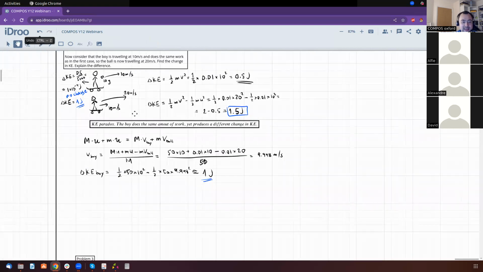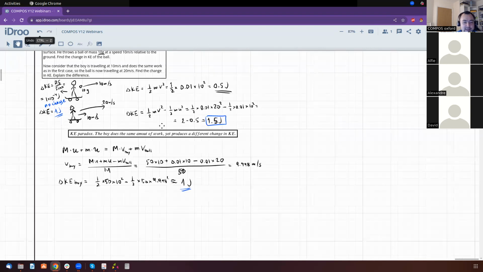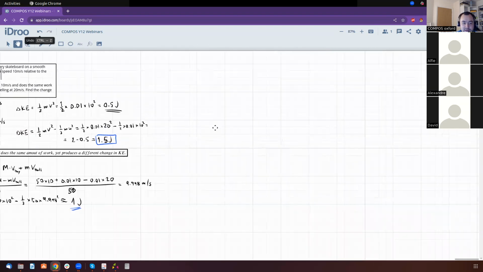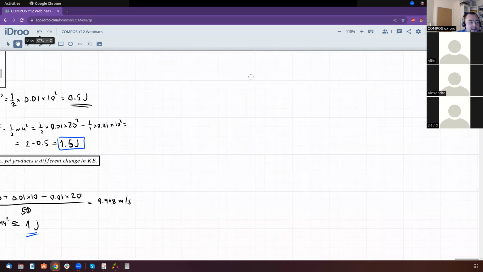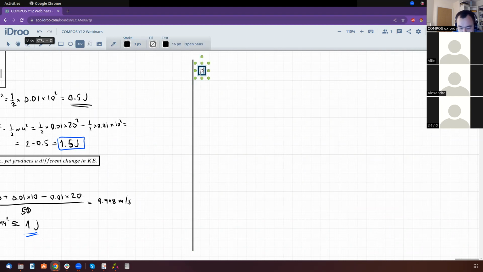You could also say, another argument here, a different argument. When you throw, the ball moves some distance.